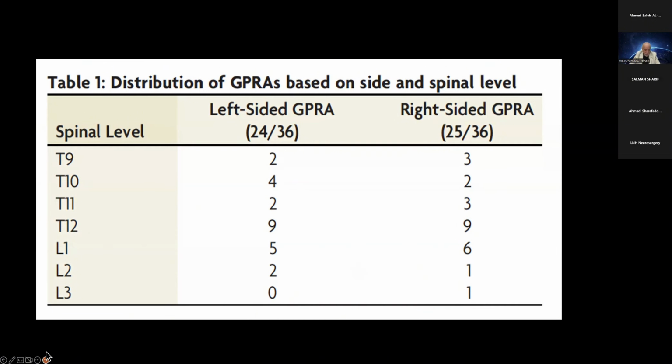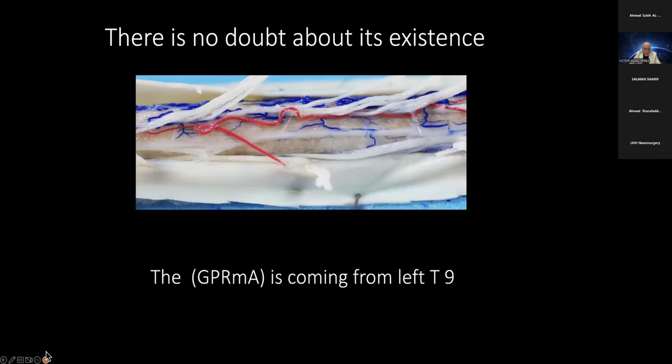So this artery is found on both sides. So what I told you, there is no doubt about its existence. Here we have, very clear, this great posterior radiculomedullary artery coming from left T9.